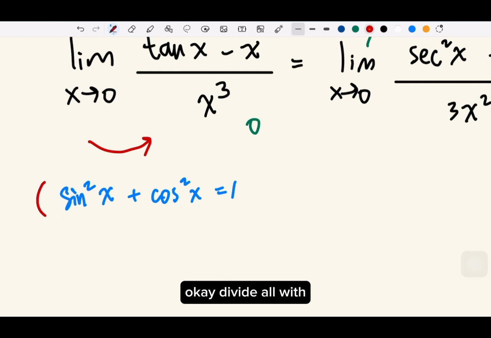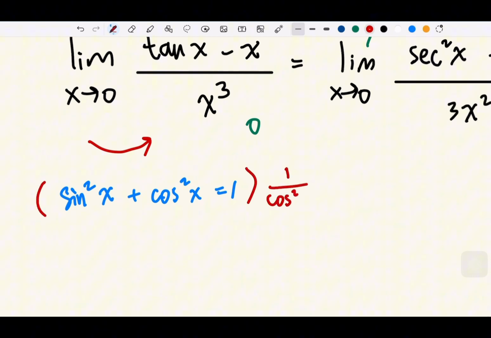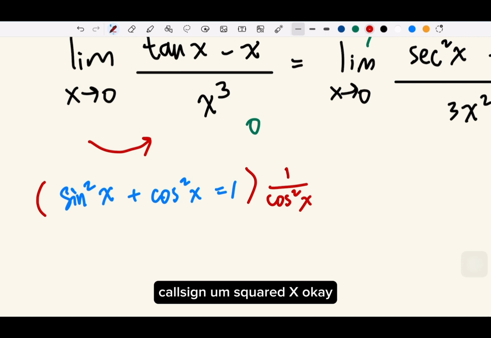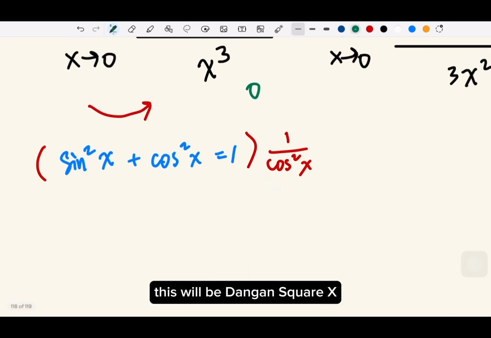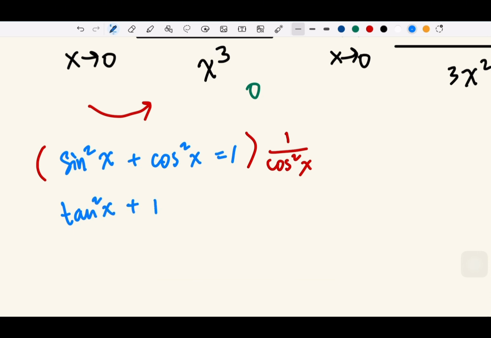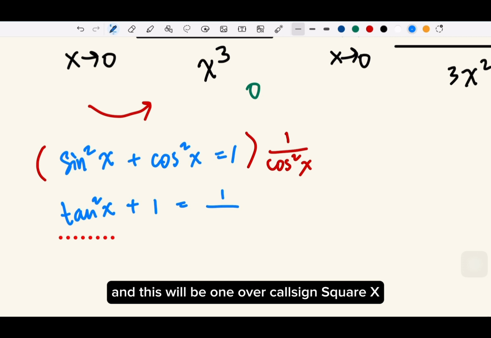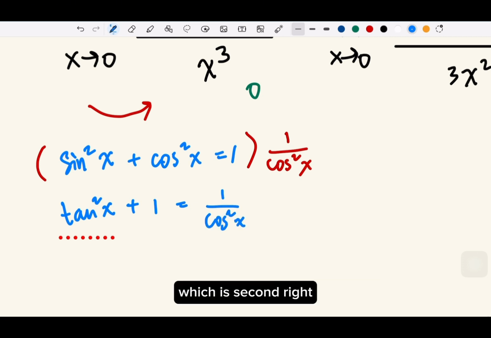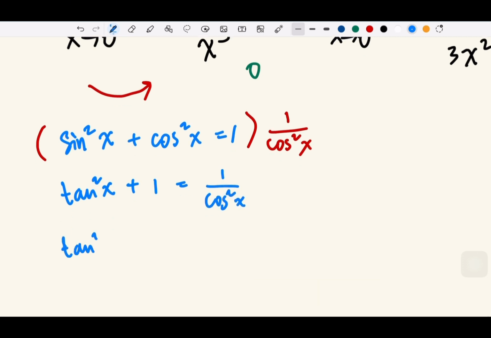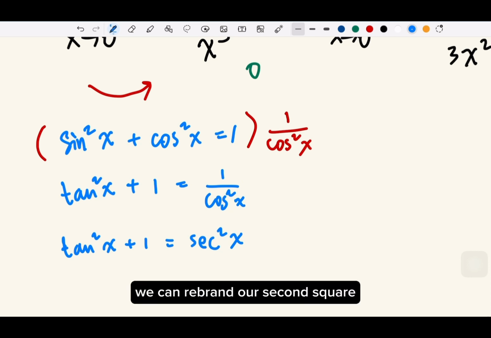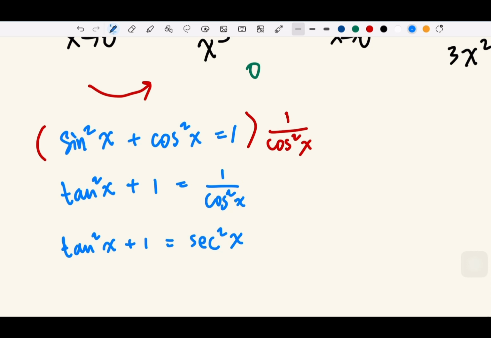Okay, divide all by cosine squared x. This will be tangent squared x, this will be 1, and this will be 1 over cosine squared x, which is secant squared. So actually we can rewrite our secant squared, the one in the question, as tangent squared plus 1. Okay?